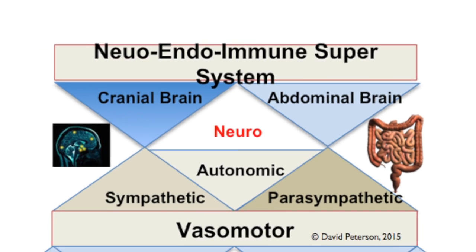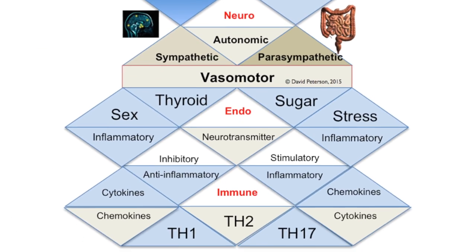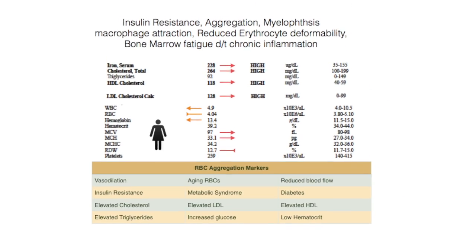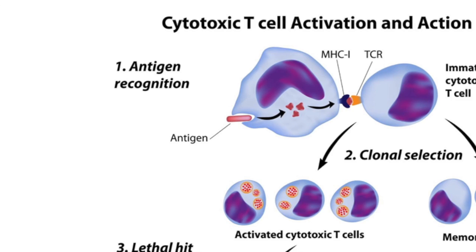Disruption of the NEI supersystem through long-term stress, and the ingestion of inappropriate foods and chemical irritants creates a state of chronic inflammation.